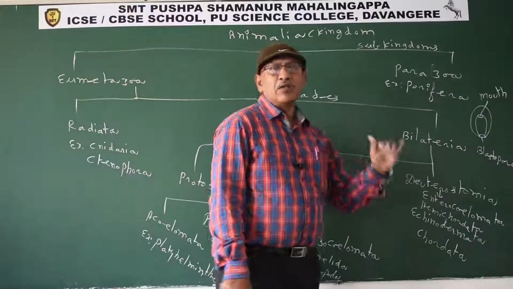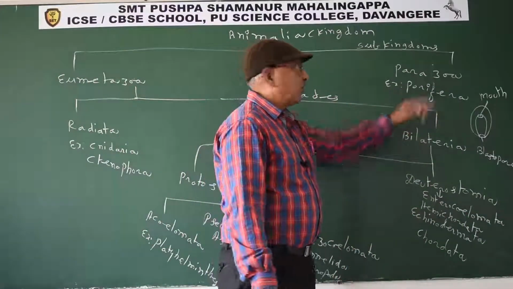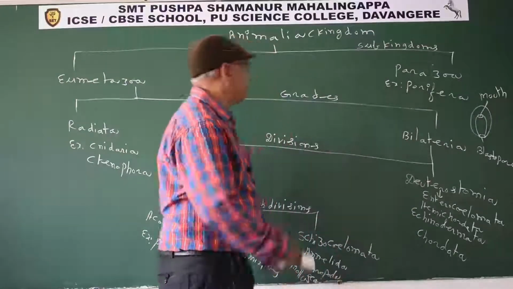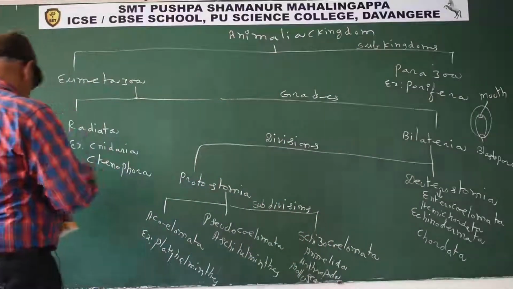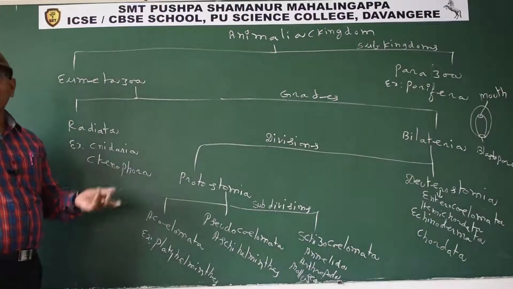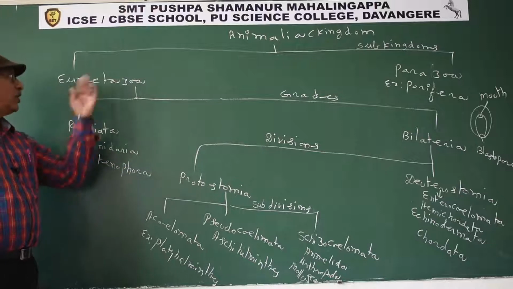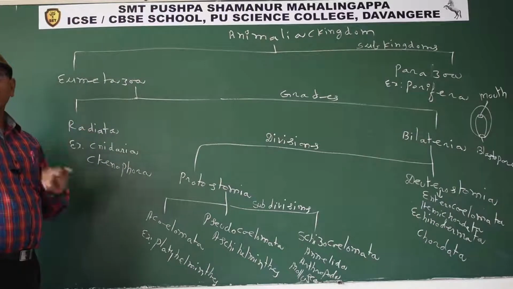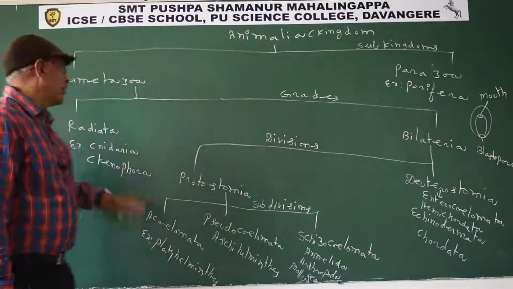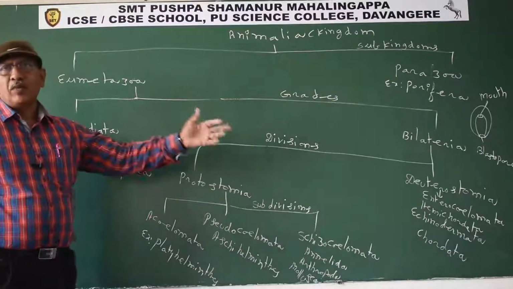Multicellular animals without tissues are included in Parazoa. Example, Porifera. Next, multicellular animals with tissues and organ systems are included in Eumetazoa. Eumetazoa is classified into two grades, Radiata and Bilateria.